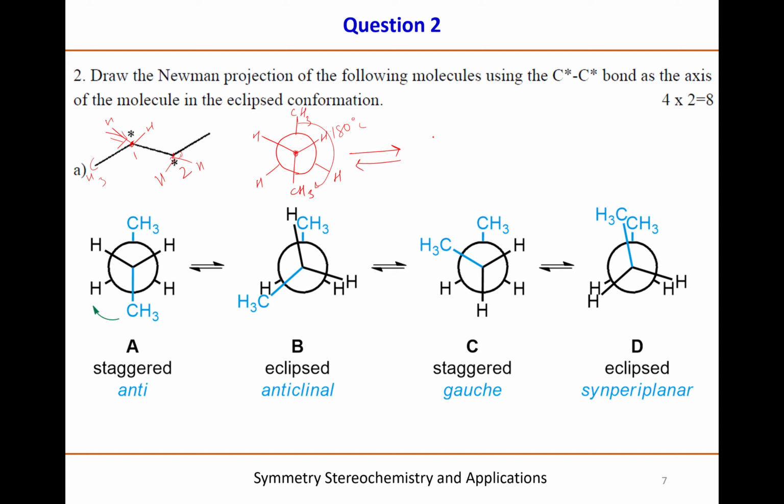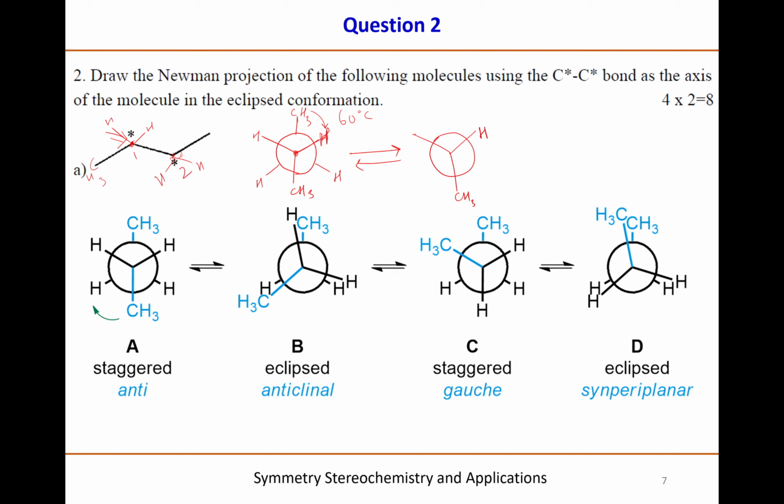Okay, not exactly 180 degrees. You can rotate by, suppose this is the next bond on the first carbon. So this bond will rotate by 60 degrees to come to this position, right? 60 degrees. So it will become on the other side.